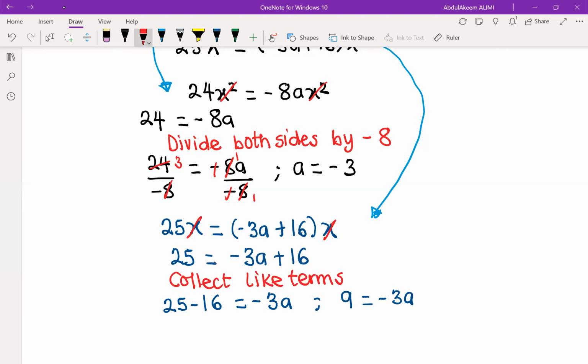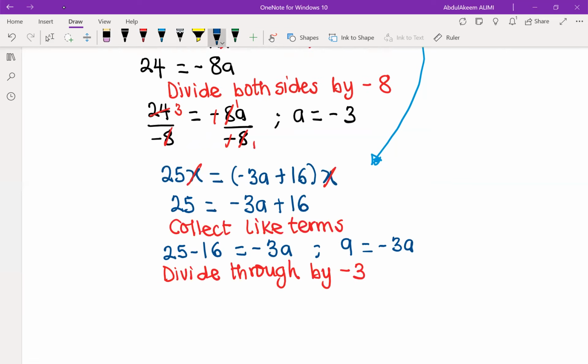So what do we do here now? I'll also divide through by the coefficient of a, which is minus 3. When I divide, I have 9 divided by minus 3 equals minus 3a divided by minus 3. They will cancel each other out. This will become 3, this is 1, the negative will cancel each other.